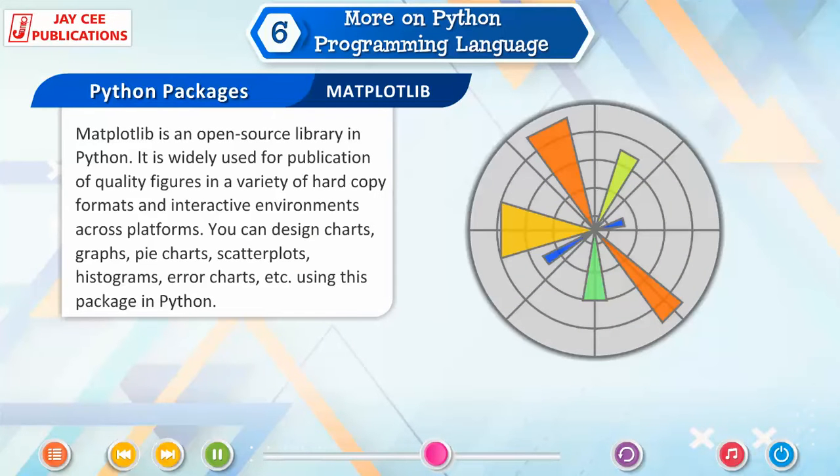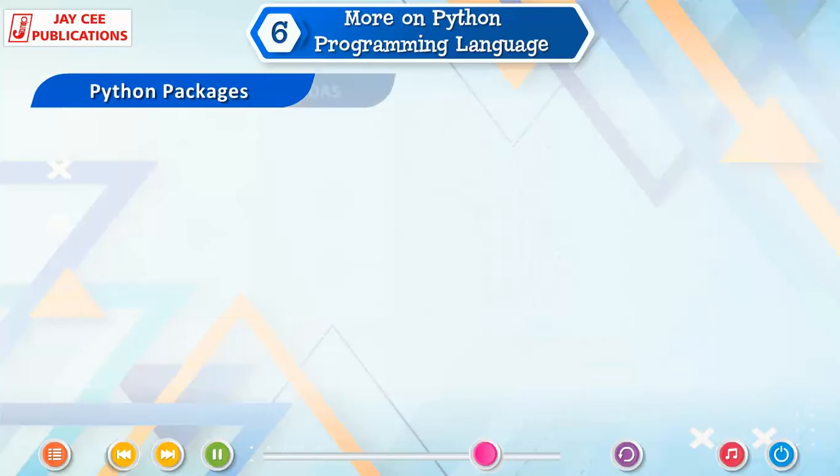Matplotlib is an open-source library in Python. It is widely used for publication-quality figures in a variety of hard copy formats and interactive environments across platforms. You can design charts, graphs, pie charts, scatter plots, histograms, error charts, etc. using this package in Python.